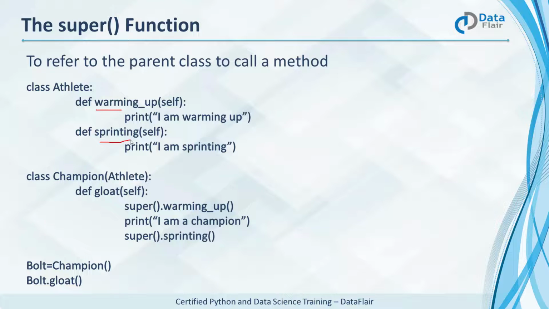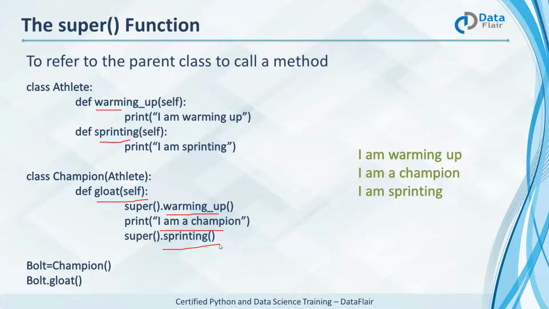The champion gloats about warming up, being a champion, and sprinting. Usain Bolt is a champion. If he gloats, he says, I am warming up, I am a champion, I am sprinting. The gloat method made the call to the warming up method in class athlete, and so did sprinting.